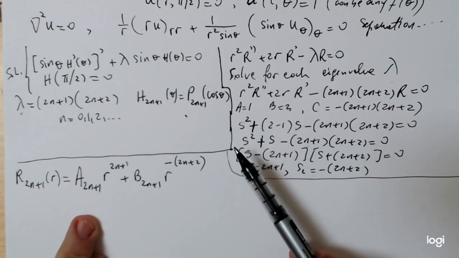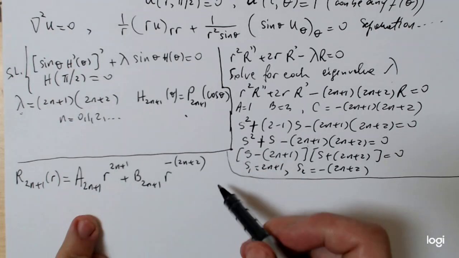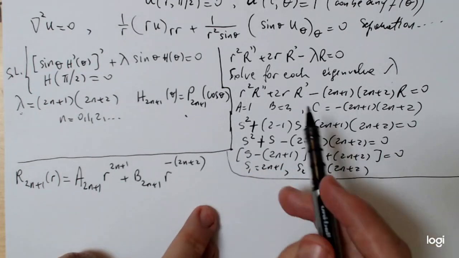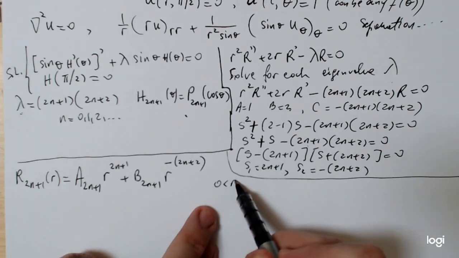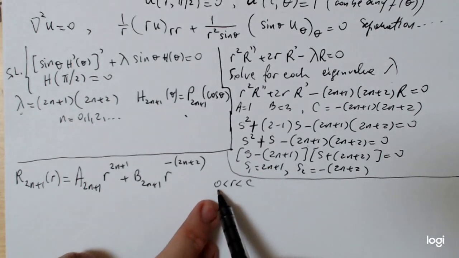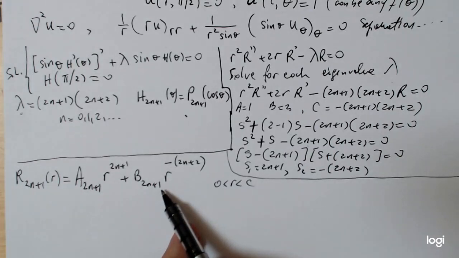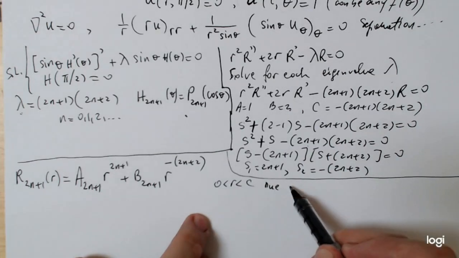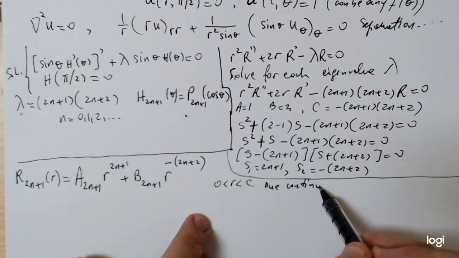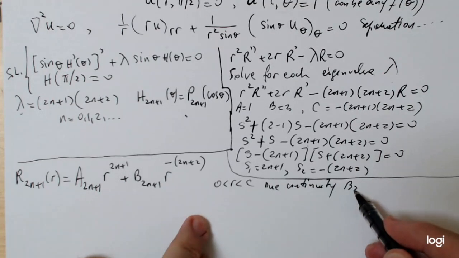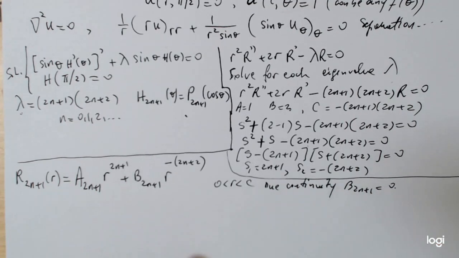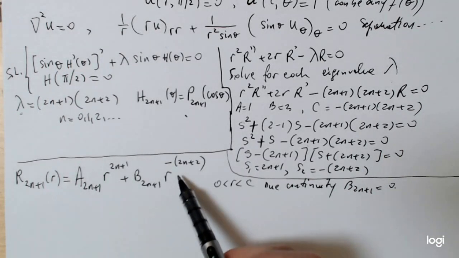We don't have any extra conditions, but remember the solution should be continuous on the interval of interest, and because r can approach 0, we need to have b sub 2n plus 1 equals 0. So due to the continuity assumptions, we must have b sub 2n plus 1 equals 0, because otherwise this will go to infinity.